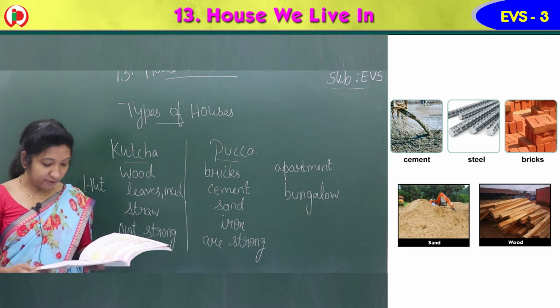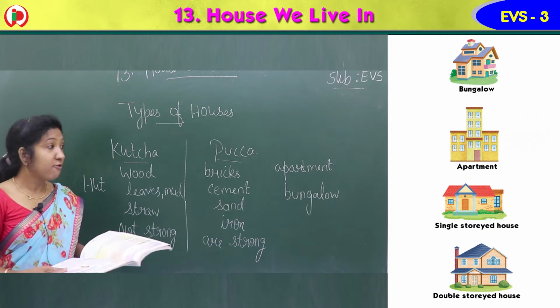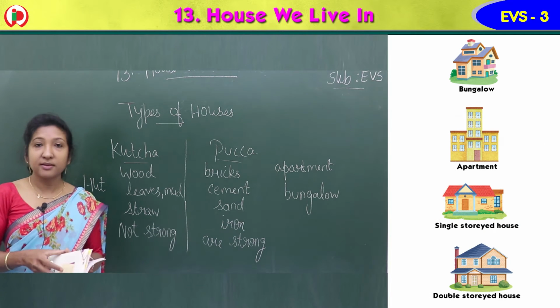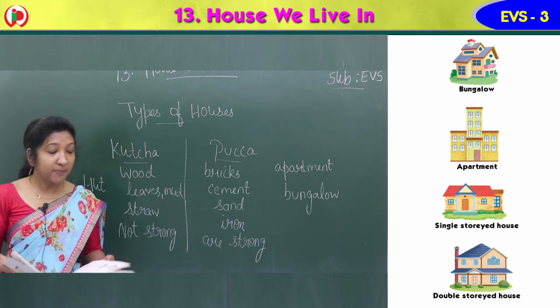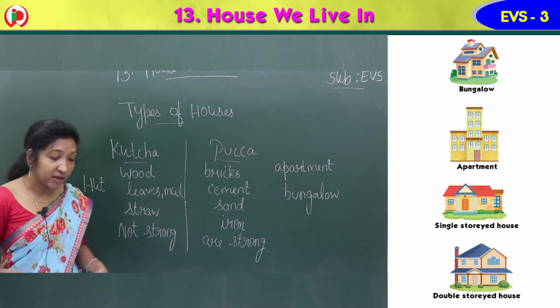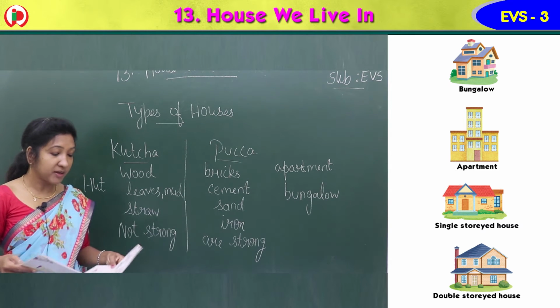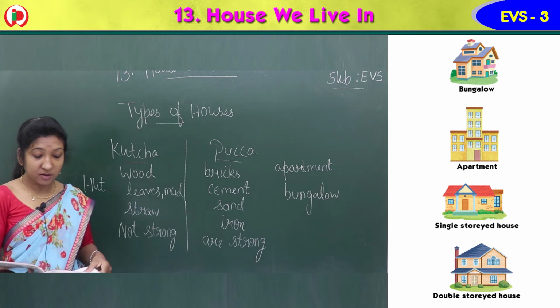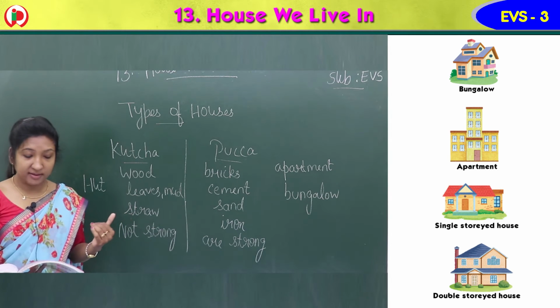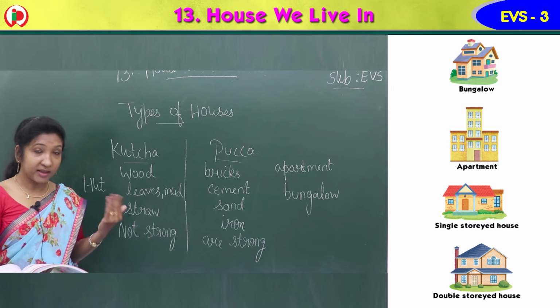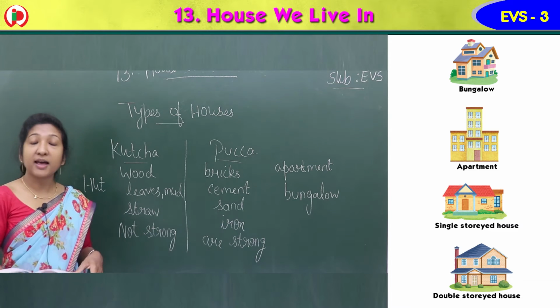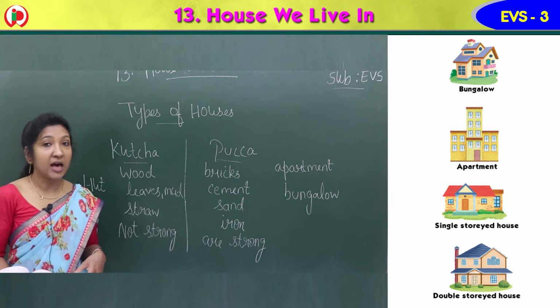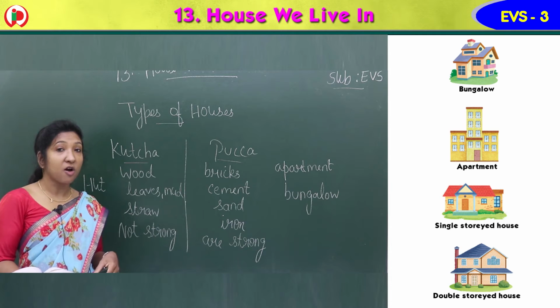There are different types of pakka houses like bungalows, flats, apartments, etc. See the picture, children. You can see a bungalow, an apartment in multi-storied building, big flats, single-storied house, double-storied house. These are the examples for pakka houses. They are strong.